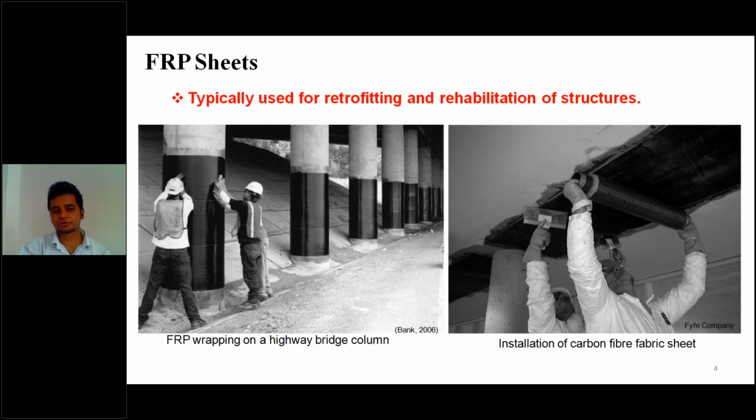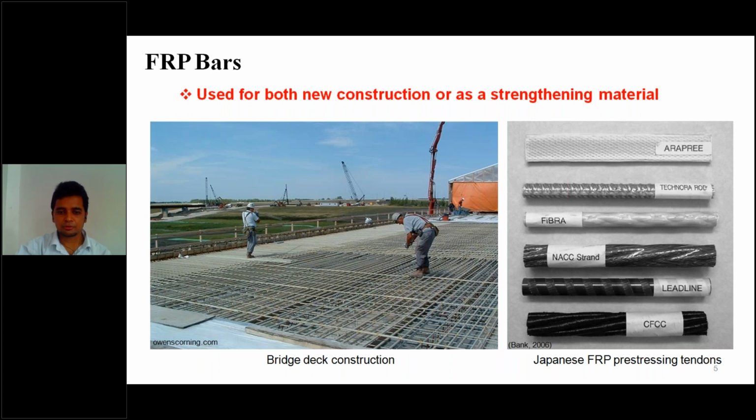In those cases, we retrofit using these FRP mats or these sheets. Next is the FRP bars. In order to reduce the corrosion in steel or in reinforced concrete, we generally use these FRP bars in place of the steel reinforcing bars.